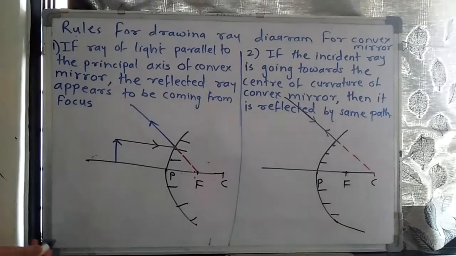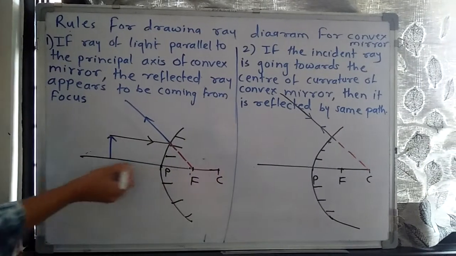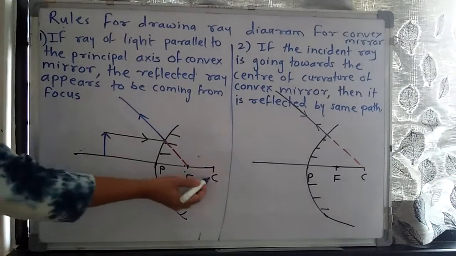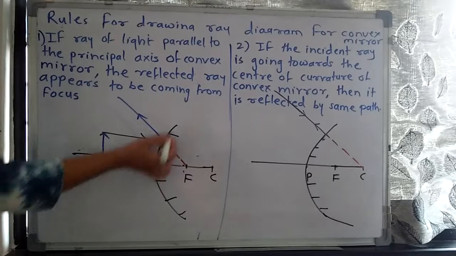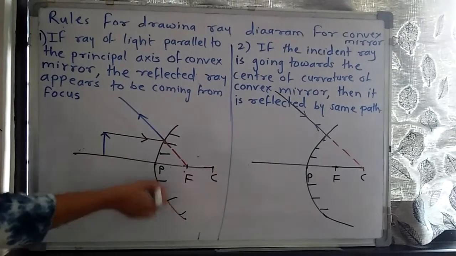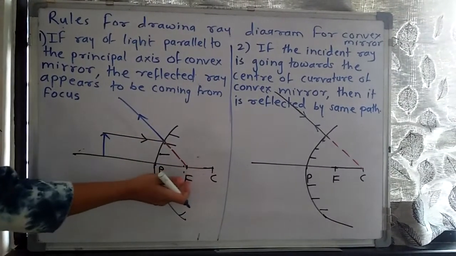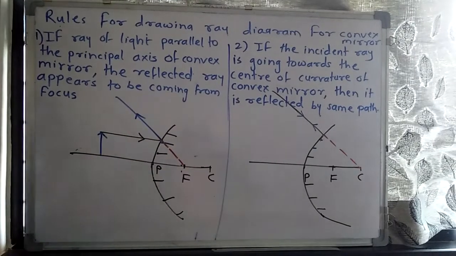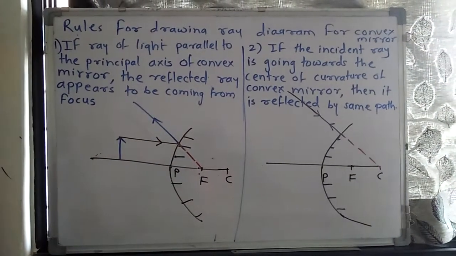Now see, here I have drawn the principal axis and center of curvature, focus and pole of this convex mirror. This is convex mirror and this center of curvature, focus and pole, it is to the right side. Now what is the rule?